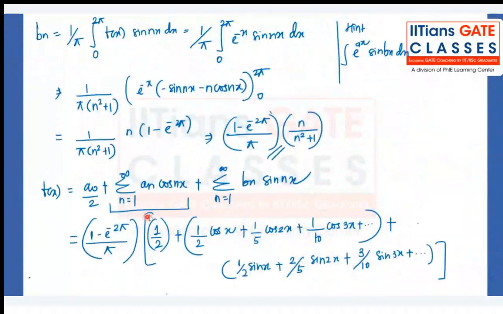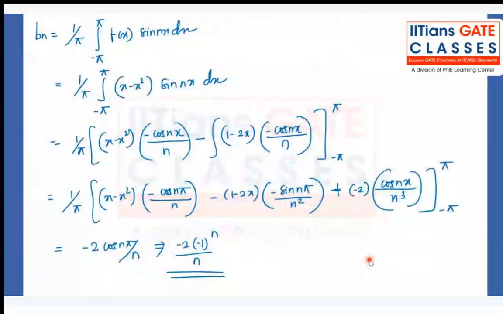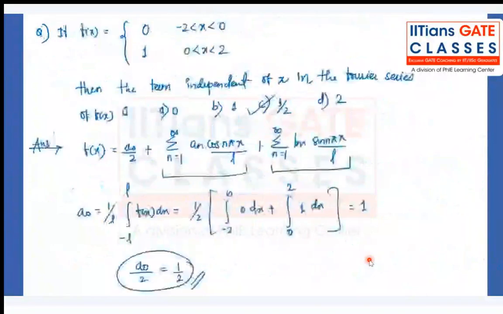If I go back to this question, here the first term itself is without x. Rest of all the terms are with x. So a naught by 2 is the only term which is independent of x. And that is why we have calculated a naught, which is 1, and a naught by 2 is 1 by 2. Okay, so please write it down, and if you have any doubt, feel free to ask me.